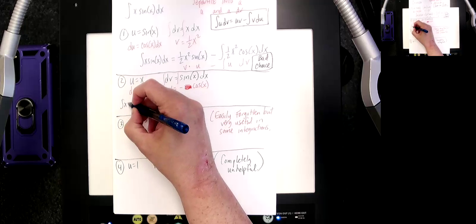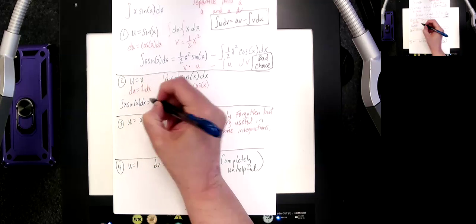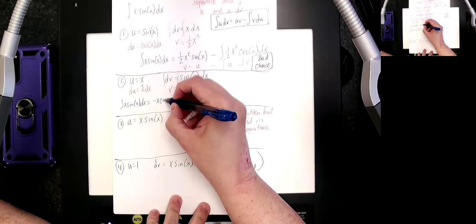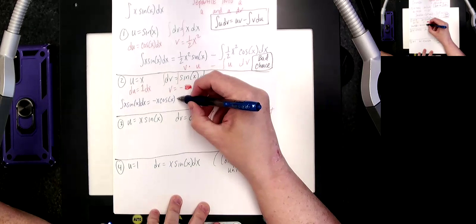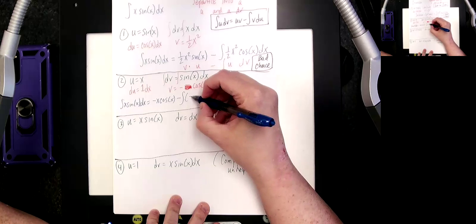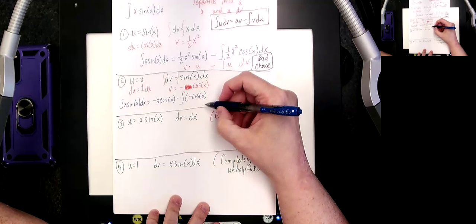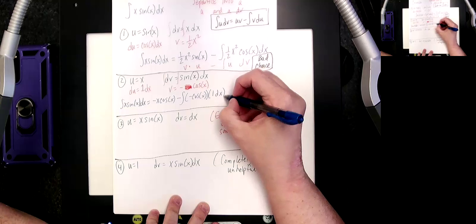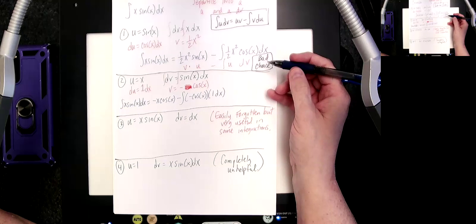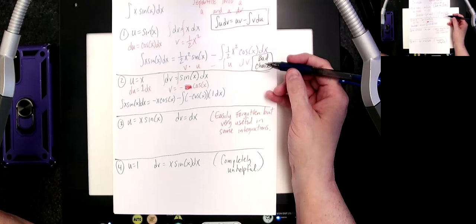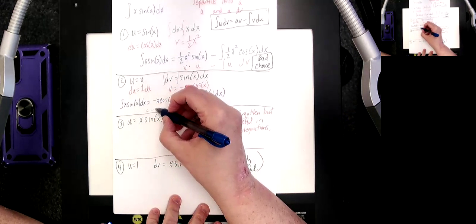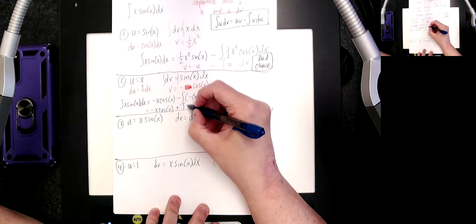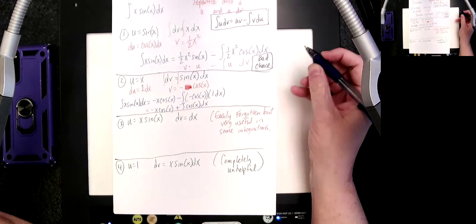So my integral of x sine x dx, we want u times v, negative x cosine x, minus the integral of v, which is negative cosine x, v du, which is just 1 dx. Well, that's negative x cosine x. The minuses cancel. I just have the integral of cosine x dx, right?